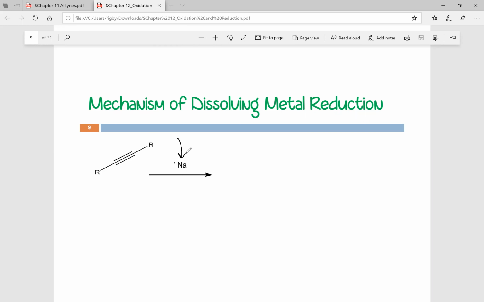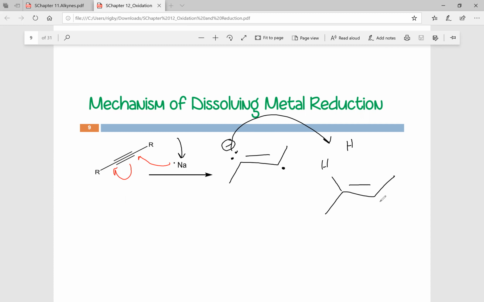So essentially it donates its radical to one of these carbons, one of these bonds breaks, and we end up with an alkene with a radical on one side and an extra lone pair on this side, which then will end up grabbing a hydrogen, and then we end up with a radical alkene.